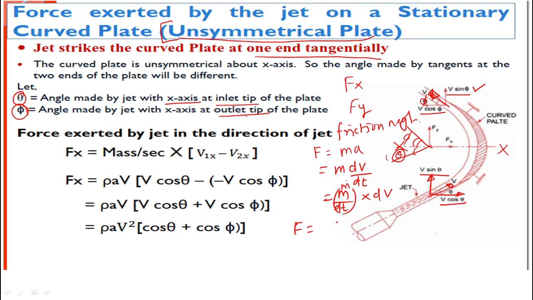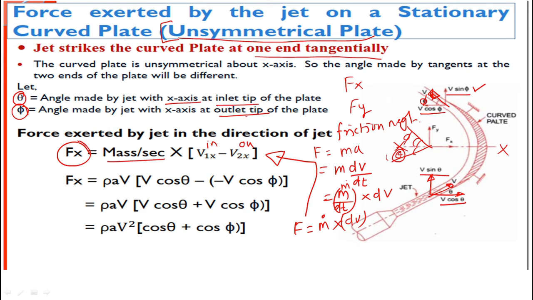So the force acting on the unsymmetrical blade by this jet can be found by multiplying the mass flow rate by the change in velocity of the jet striking the blade. We can write Fx equals mass per second into initial velocity minus outlet velocity, or the final velocity.